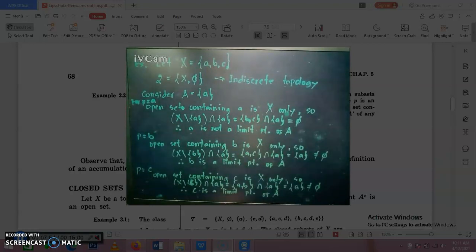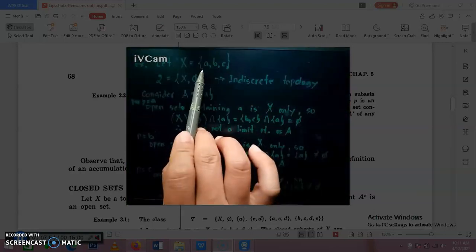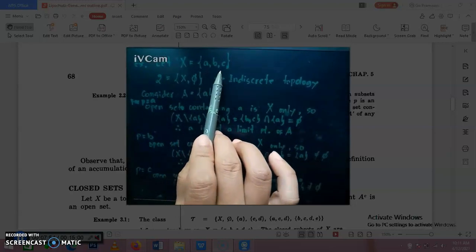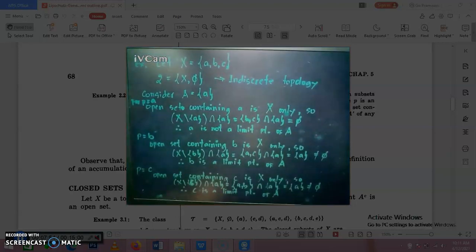In this example, we let X be equal to the set with elements A, B, and C. Let's consider I. As you remember, I is the indiscrete topology with members only X and the empty set. Now let's consider a set A with element only A.